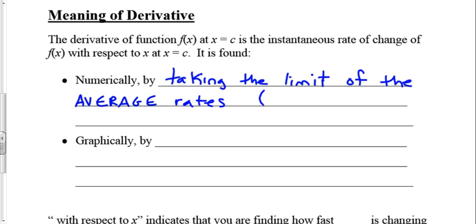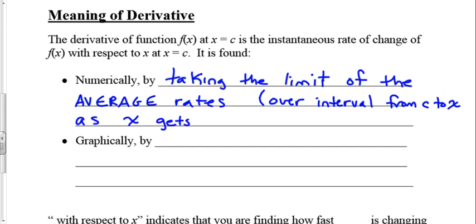And this average rate is over the interval from c to x as far as the x values go, and this limit is as x gets closer and closer to c.